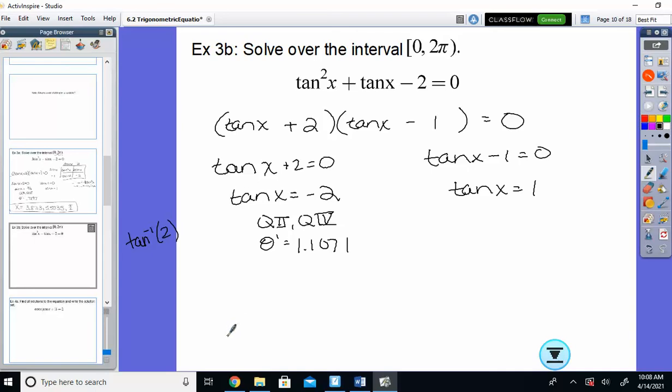So now, to get my actual answers, in quadrant 2, what would you do? Well, essentially, we found this angle, we need that one. So what would you have to do? Take the 180 minus that. Except we're in radians, so we'll do pi minus that.